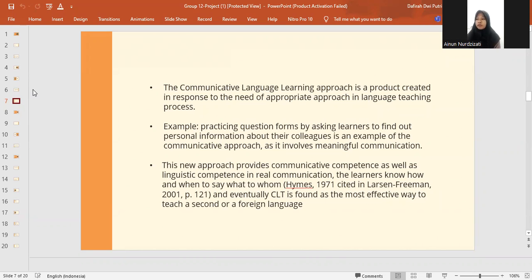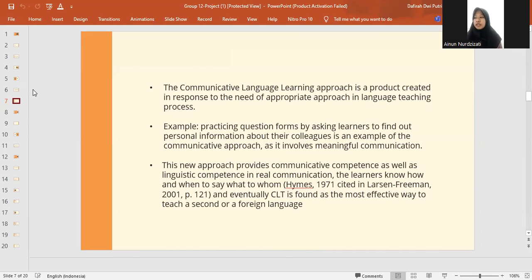This new approach provides communicative competence as well as linguistic competence in real communication. The learners know how and when to say what to whom, and eventually CLT is found to be the most effective way to teach a second or foreign language.